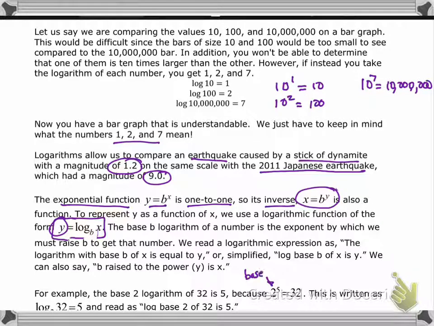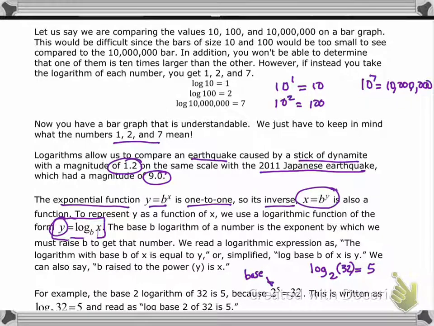Same as the base in your exponent. So we're going to do log base 2, and then it always equals that exponent, 5. And that other number is what you're taking the log of. So log base 2 of 32 is 5. And that's the way we're going to read them.